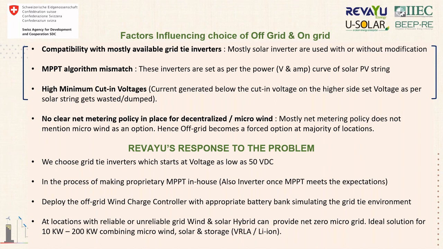Instead of a regular solar inverter which converts DC to AC, we can have separate independent inverters for wind which control AC power, and stabilized AC power can then be fed to the load.